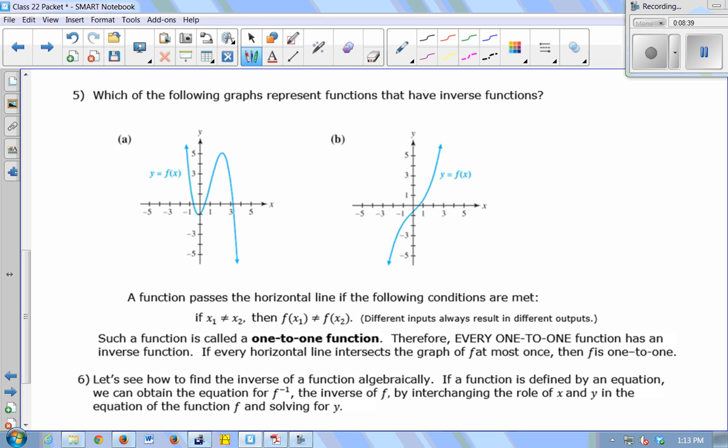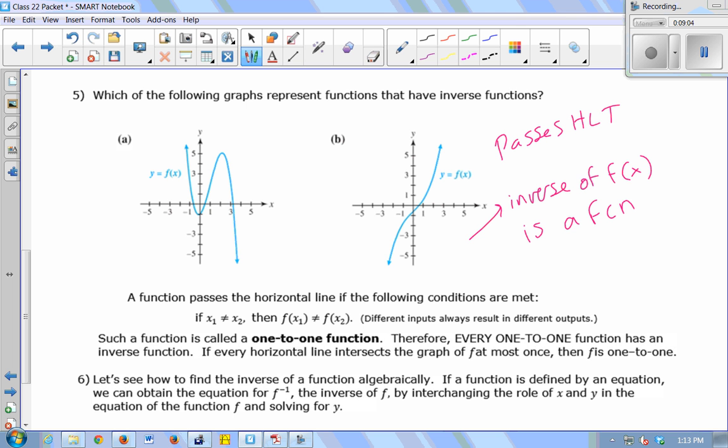B, because B also passes the horizontal line test. Sweep a horizontal line through here, and it never intersects more than once. So in this one, the inverse of f of x is a function, right? This passes HLT.